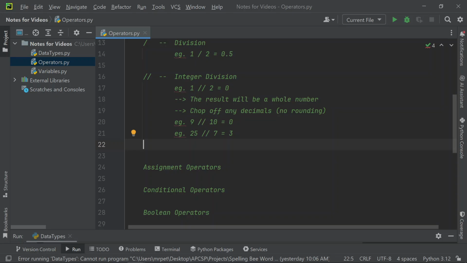And something else that is very useful is this operator called modulus, also called mod, and this is also known as the remainder operator.